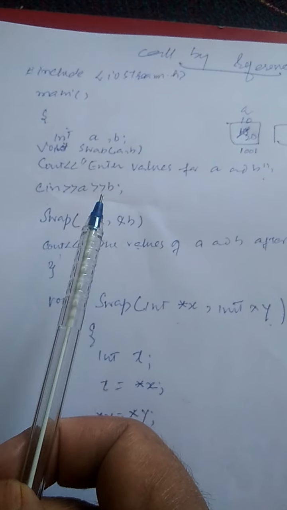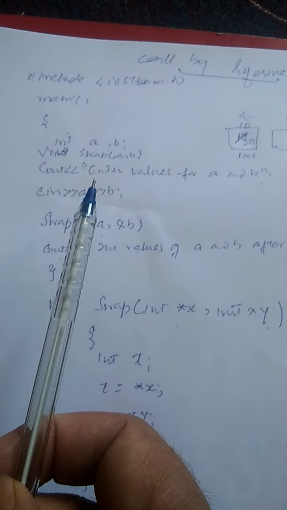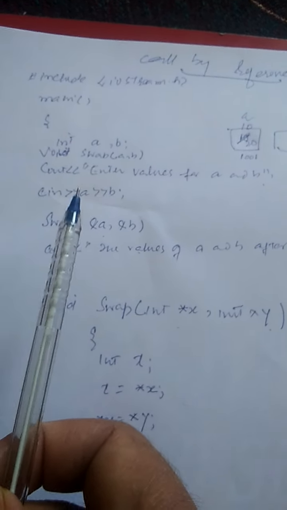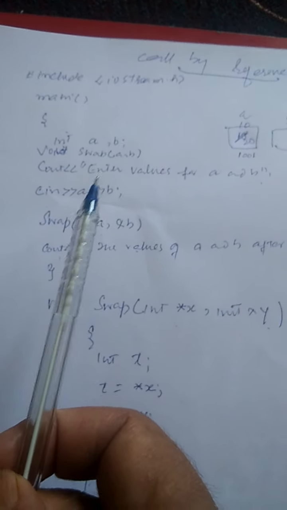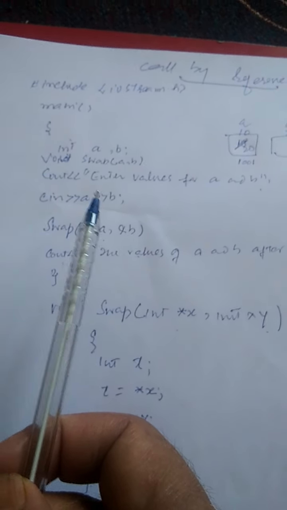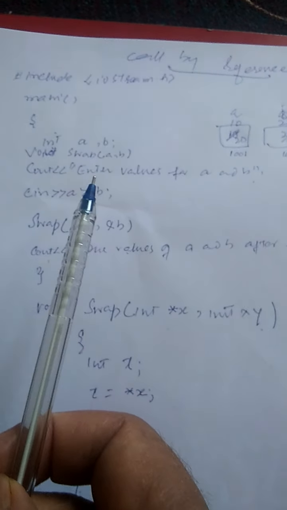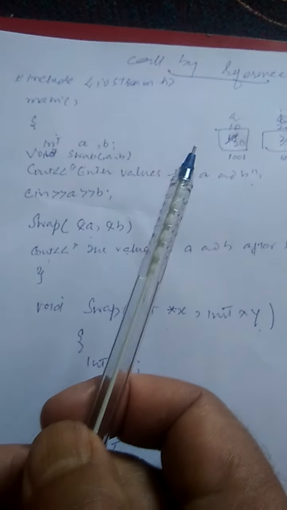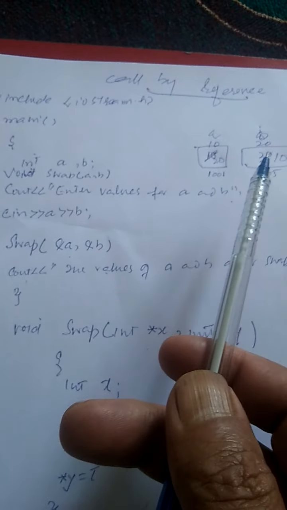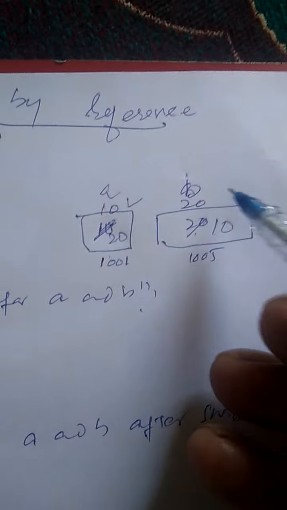So cin greater than a greater than b means that two values will be accepted at the same time respectively. The first value will be stored in a and the second value will be stored in b. So suppose the user inputs two values, 10 and 20. 10 will be stored in a and 20 will be stored in b.